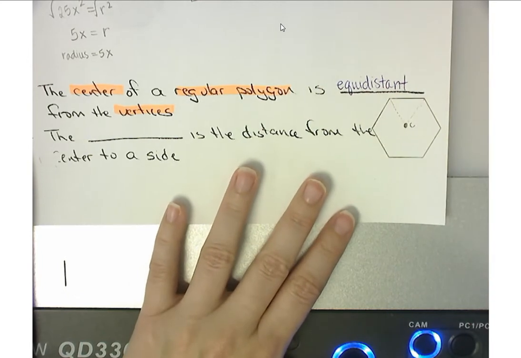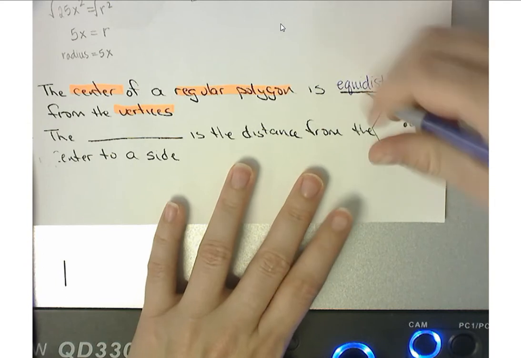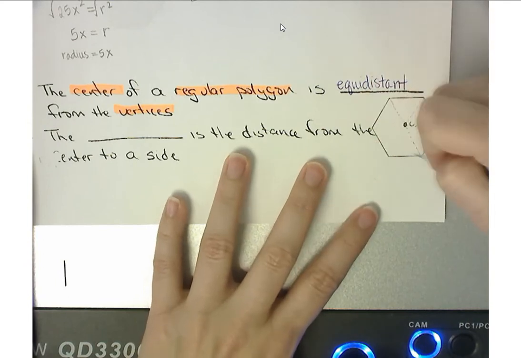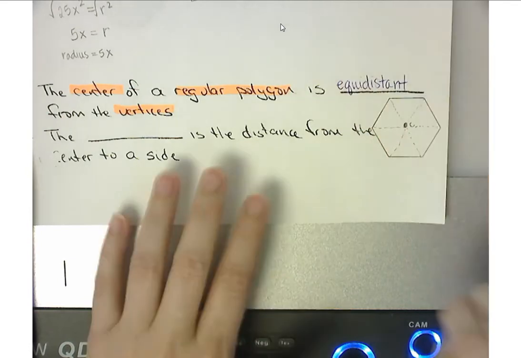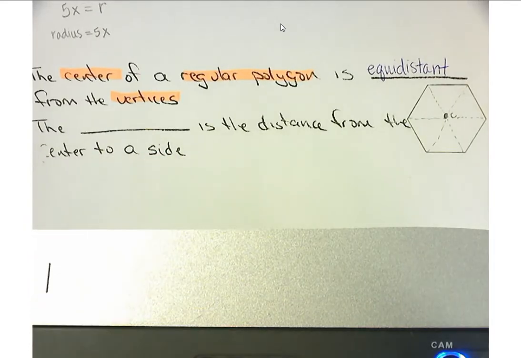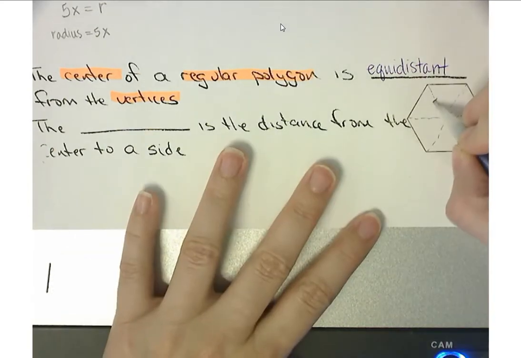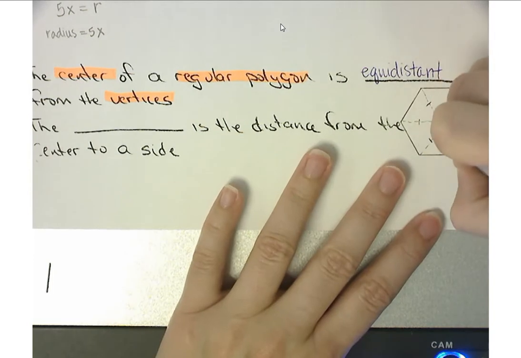So the distance from the center to this vertex is the same as from the center to this vertex. Really this shape is going to be full of what shapes? Triangles. Yes, there are. So what that's saying is that this distance is the same as this distance, which is the same as this, which is the same as this.